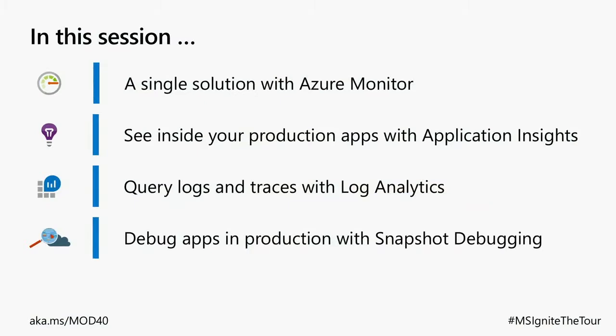Then we'll talk about Snapshot Debugging, which is probably one of my favorite features that I'm going to show today. It is like a time machine, allowing you to debug what happened in your production server last week or yesterday, without stopping the production server at all. So it's a very cool tool.